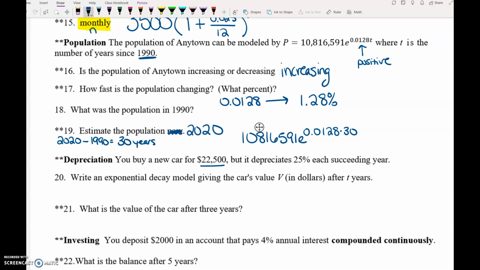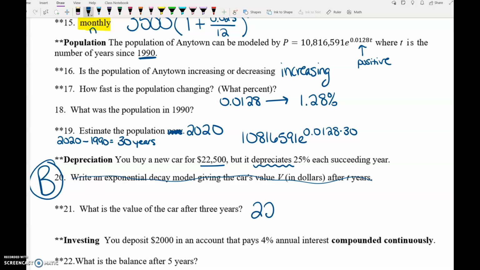You buy a new car for $22,500. It depreciates 25%. Depreciates is another word for decreases. I don't see compounded anywhere in here, so it has to be A or B, and B is the one that deals with decreasing. And on the test, it doesn't ask you to write a model. It just asks you, what is the value of the car after however many years?